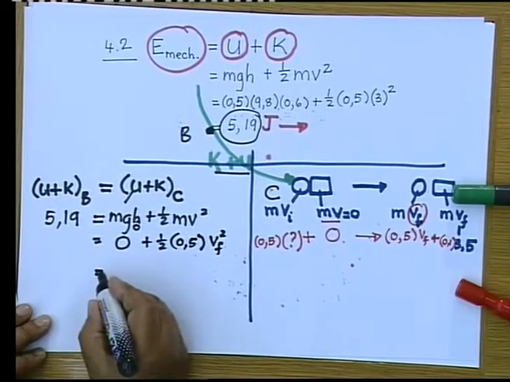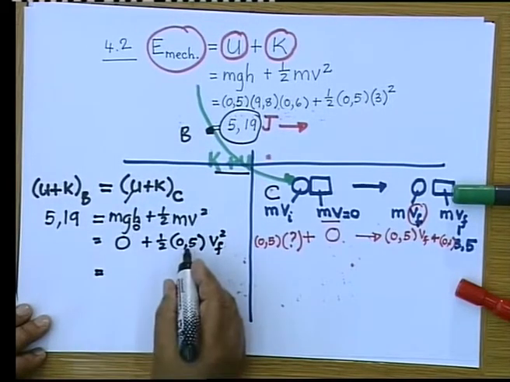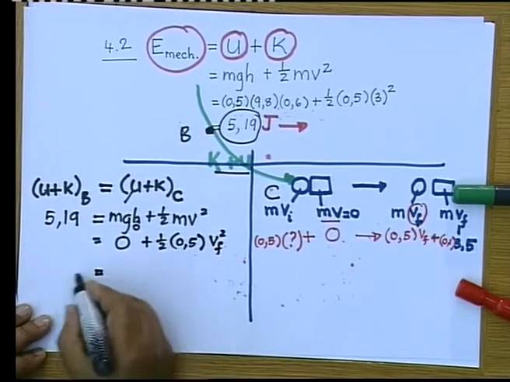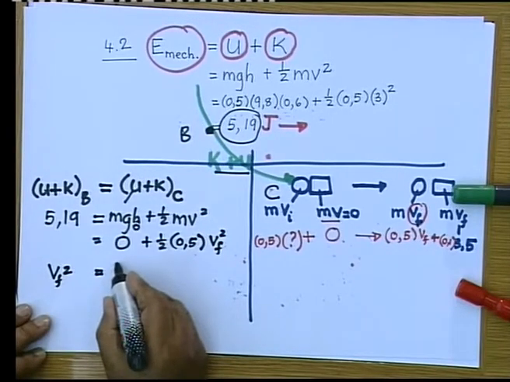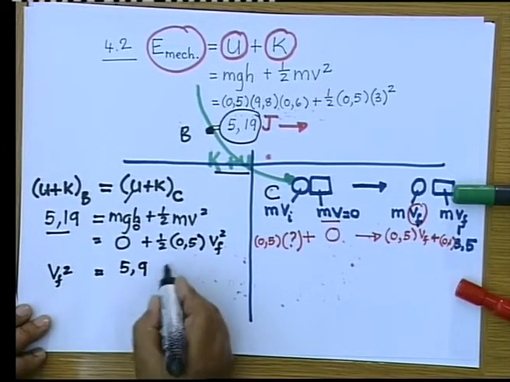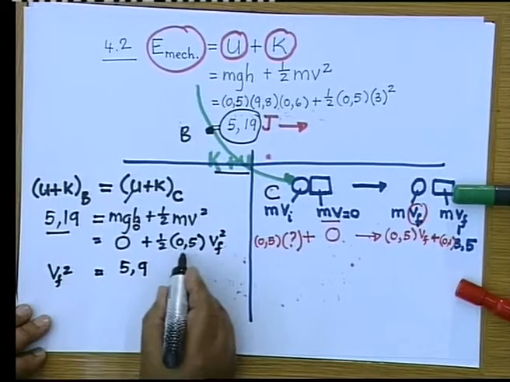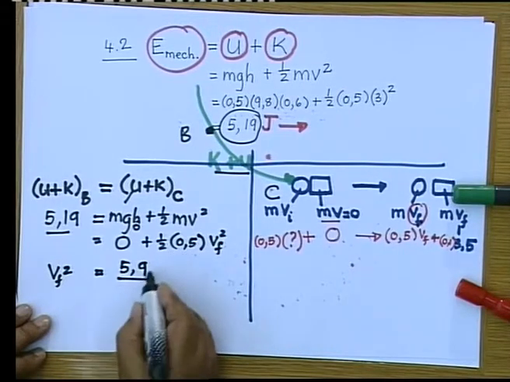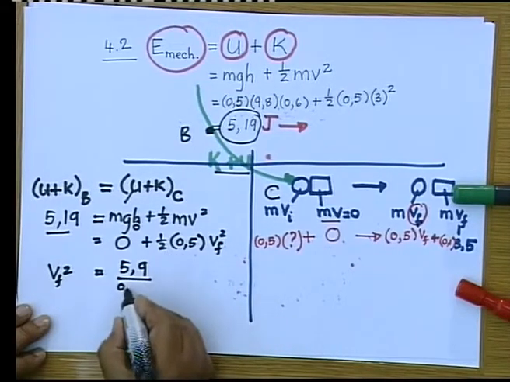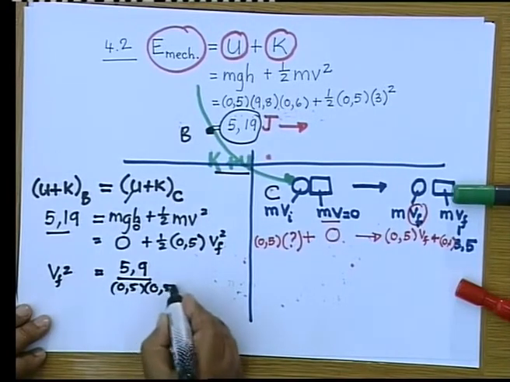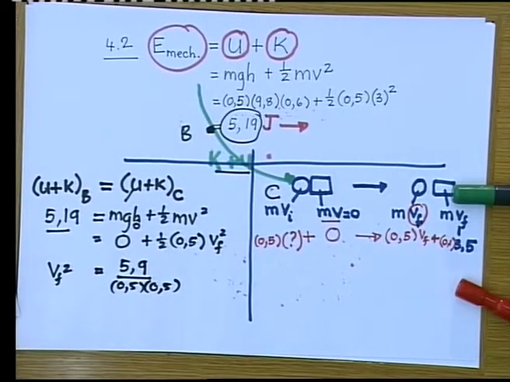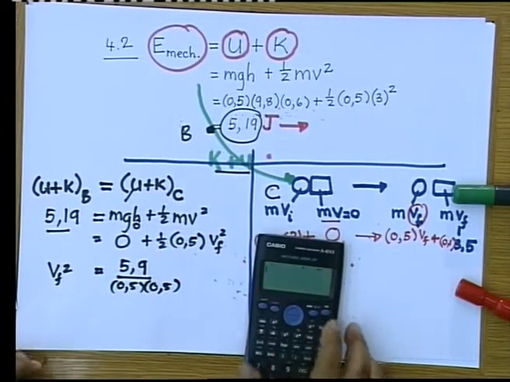And after, let me see what's that now quickly, which means that if I want v f squared, I've got to take the other side, 5,19, and divided by a half, which is 0,5, and another half, which is 0,5. Let me take my calculator and you do the same and see if you get the same answer.